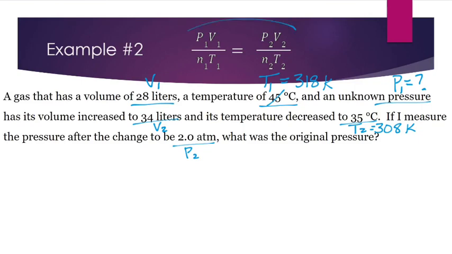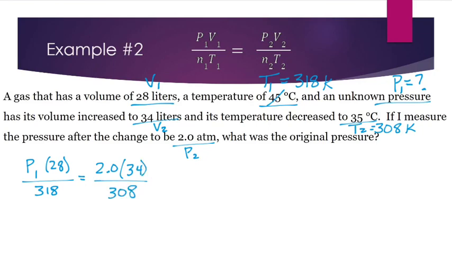So, plugging all of this stuff into our equation, we're going to have to write our P1 there. That's what we're looking for. And then our V1 is 28. Our T1 is 318, P2 is 2, V2 is 34, and T2 is 308.